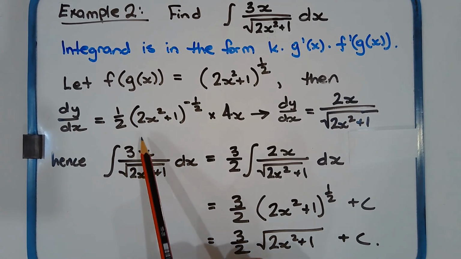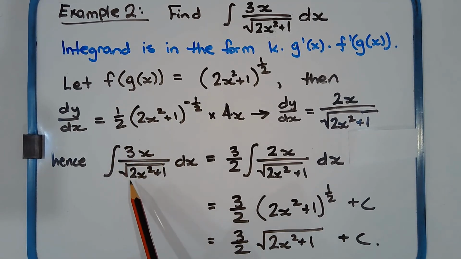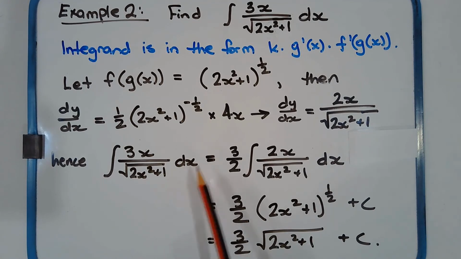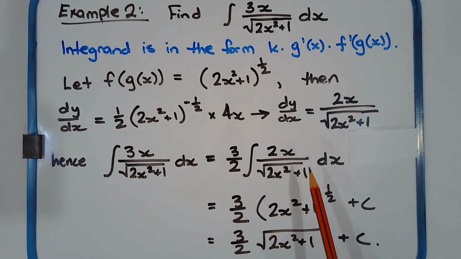So hence, the integral of 3x over the square root of 2x squared plus 1 dx is equal to 3 over 2 times the integral of 2x over the square root of 2x squared plus 1 dx. And we know what to do with this now. That's just equal to 3 over 2 times 2x squared plus 1 to the power of half plus the constant c. And expressing this in surd form, that equals 3 over 2 times the square root of 2x squared plus 1 plus the constant c.